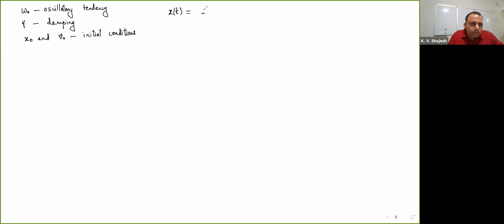So this is exponential of minus gamma t, and I have a times cosine of square root of omega naught square minus gamma square t, plus b times sine of the same. We need to find the a and b in terms of x naught and v naught.